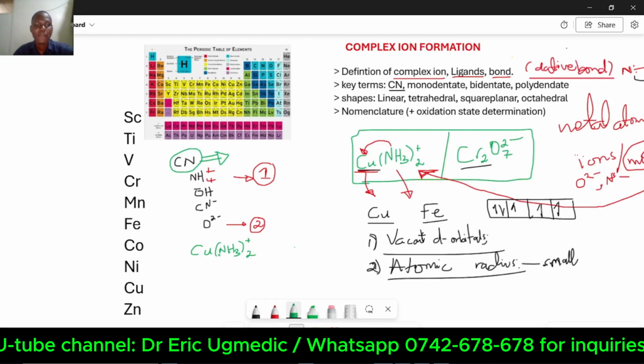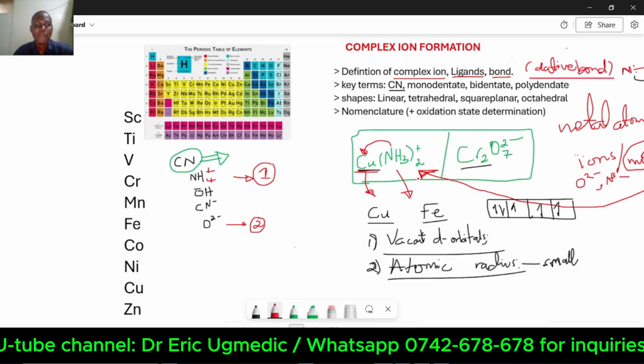In this case I have two ammonia molecules, and these will be the number of ligands, which will be 2. But for the coordination number, you count the number of bonds that will be formed between copper and ammonia, as we are going to see.